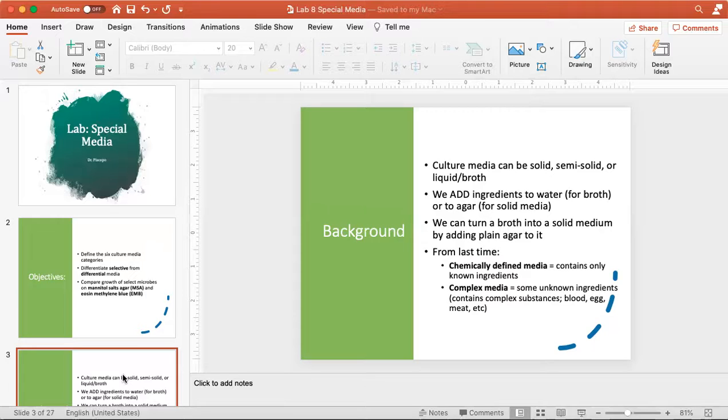If we are making a complex media, we are adding in an ingredient that is very complex in terms of its components. We're adding in something like blood or egg, maybe egg yolk, some kind of meat extract, something that is a very complex natural ingredient.